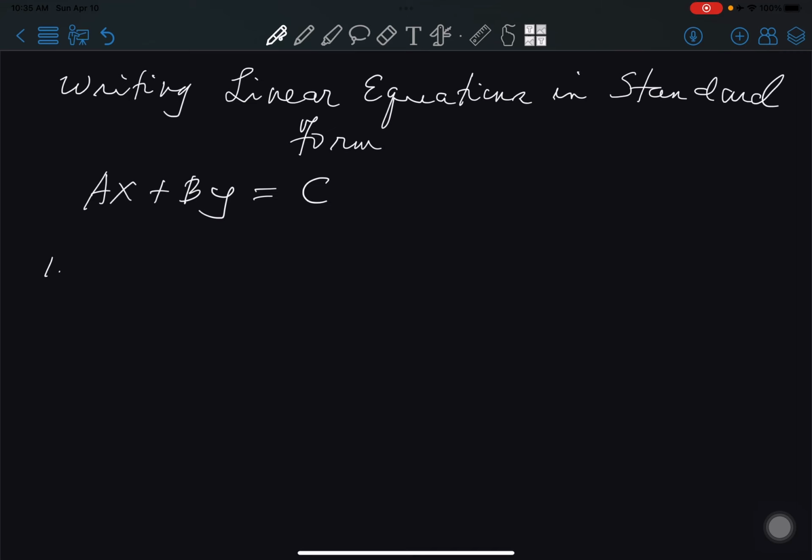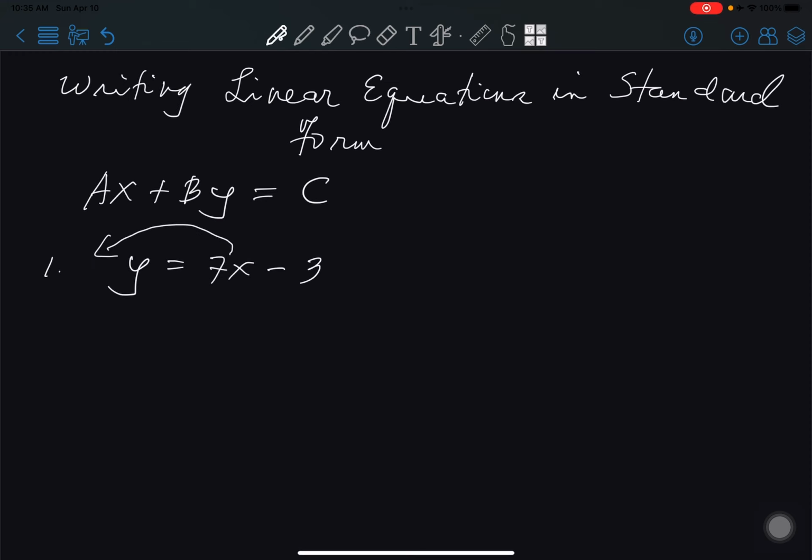Let's say we have this example: y is equal to 7x minus 3. How do we express this in standard form? In expressing this linear equation, y equals 7x minus 3, in standard form, we just need to transpose your 7x going to the other side of your equation.